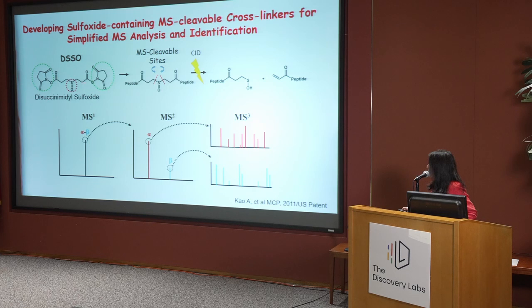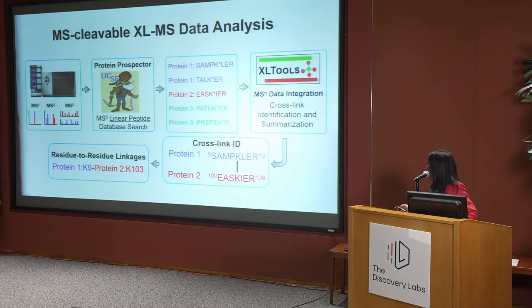So DSSO, as shown by Cheetah in his study, consists of 2 NHS esters targeting the primary amine group, especially the lysine, for cross-linking. In order to analyze this, I wanted to show this slide for you to understand the information we generated.